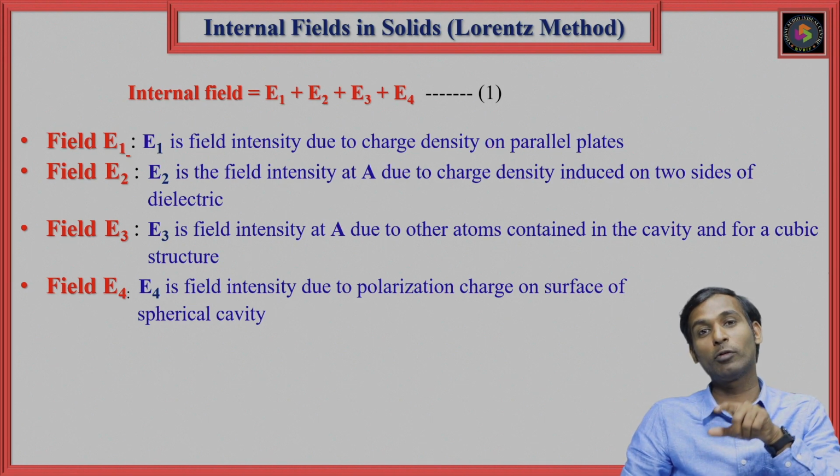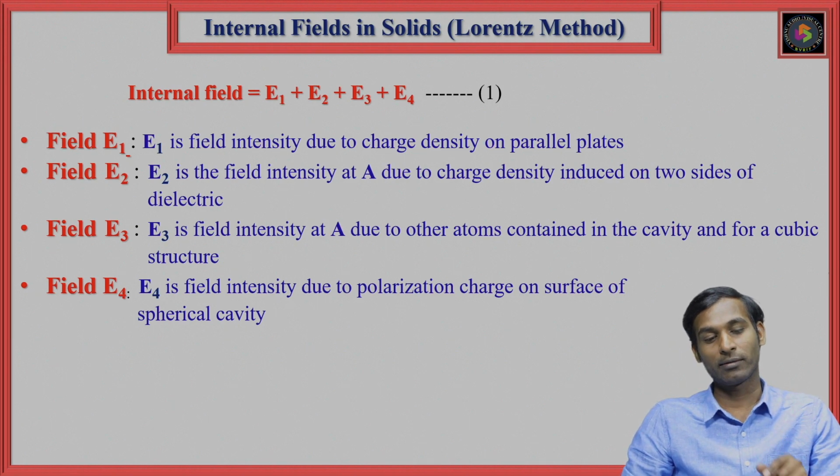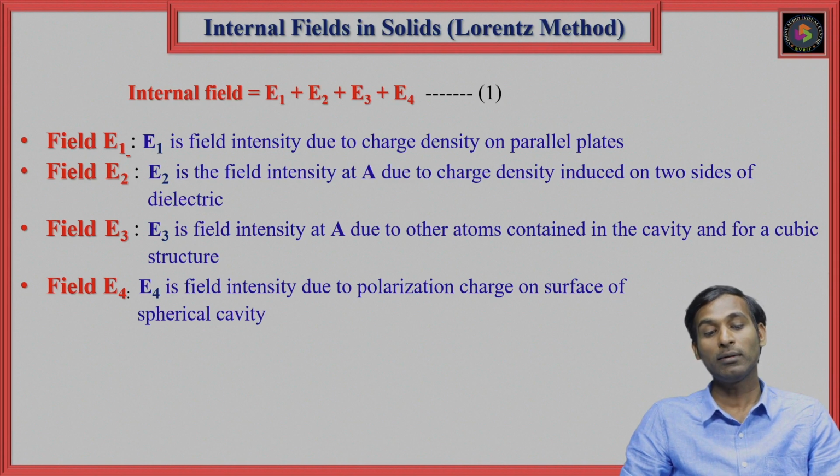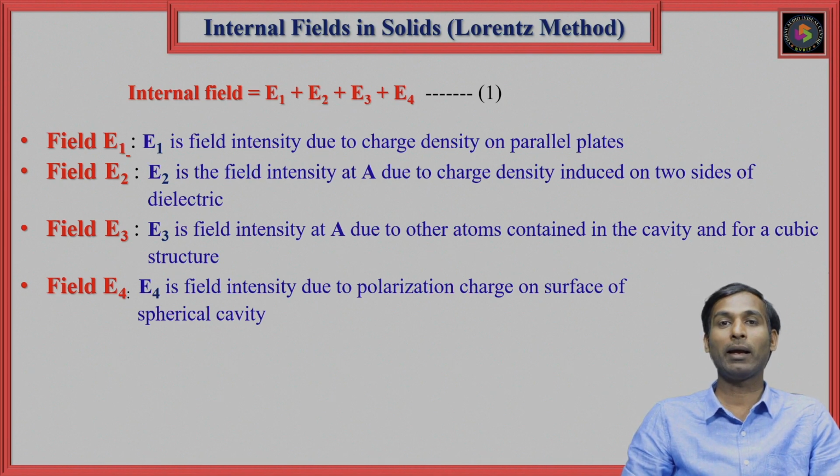Our element is a cubic structure, that is about the spherical region, right? Field E4. E4 is field intensity due to polarization charge on the surface of the spherical cavity. So we have to define what is E1, what is E2, what is E3 and E4.